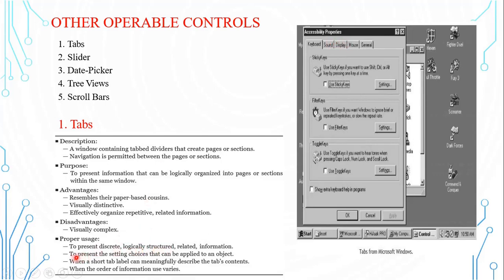And to present setting choices that can be applied to an object, you can go for tabs. When a short tab label can meaningfully describe the tab contents, then also you can use the tab. And when the order of information varies, then also the tabs might be used.